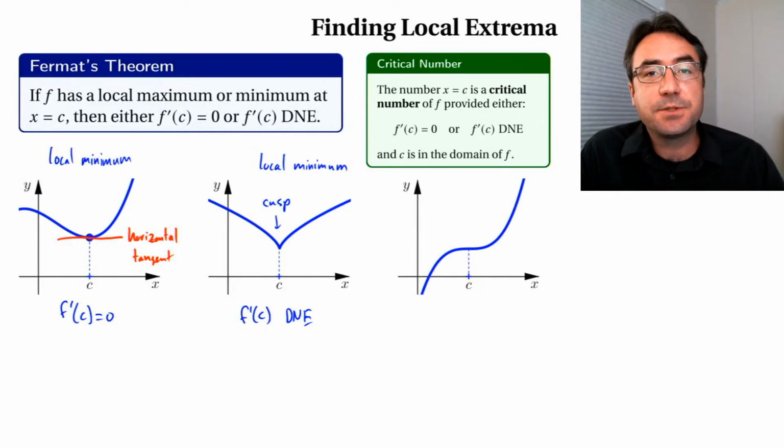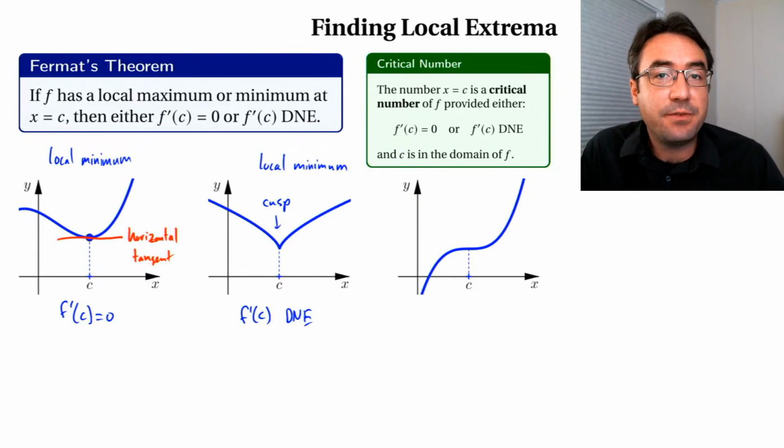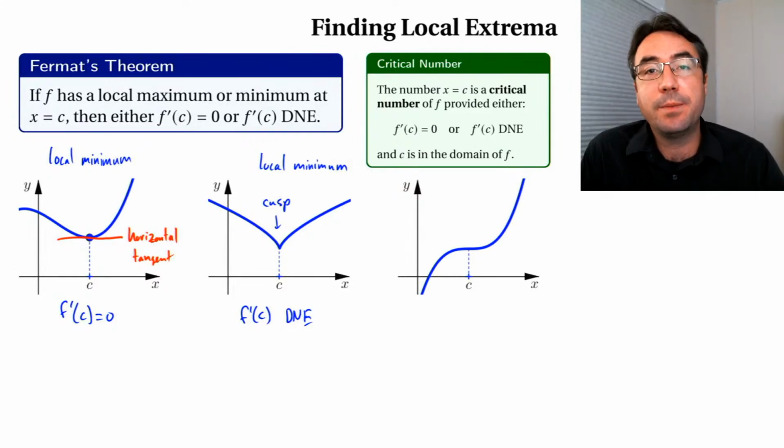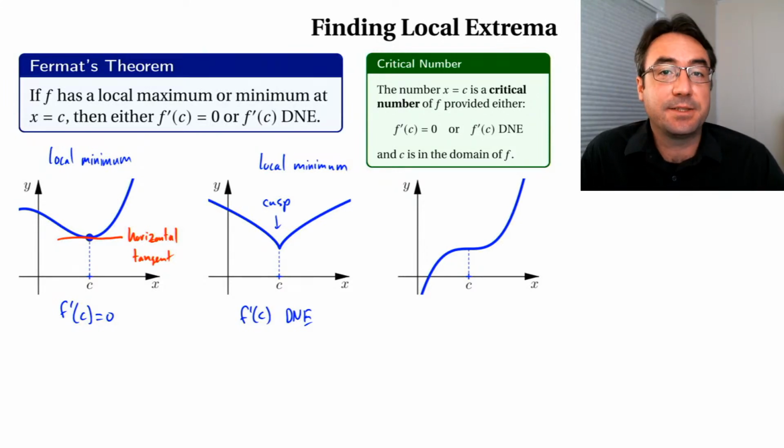And so those places where the derivative is equal to 0 and the derivative is undefined, those are important. These are going to be the potential locations for where we might have a max or a min, and we call those the critical numbers. So the number x equals c is a critical number of f, provided either f prime of c is equal to 0 or f prime of c does not exist.